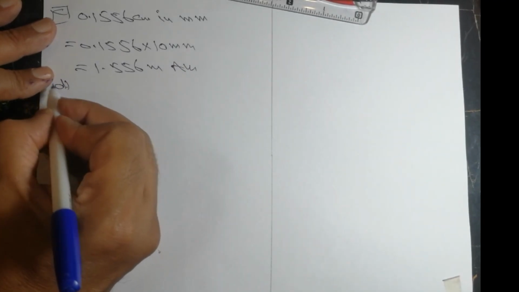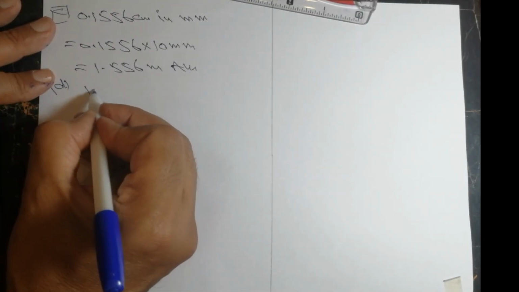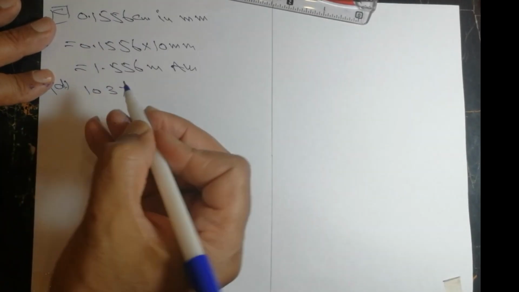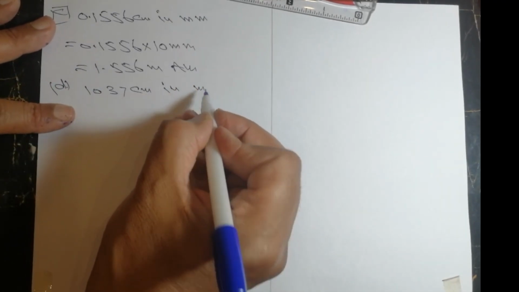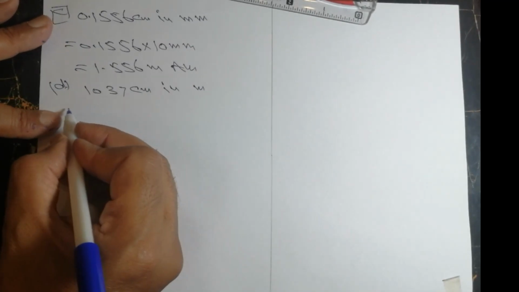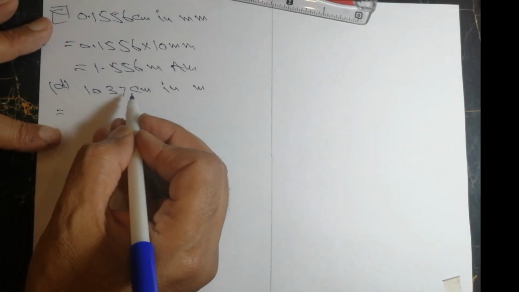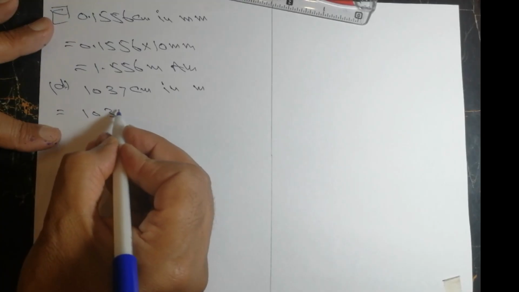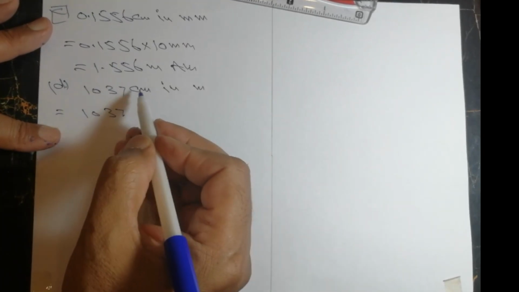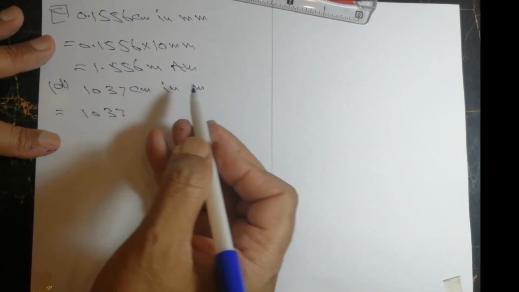Part D of this question, 1037 centimeters in meters. We need to convert centimeters into meters. 1037. Now centimeter is smaller, meter is bigger.